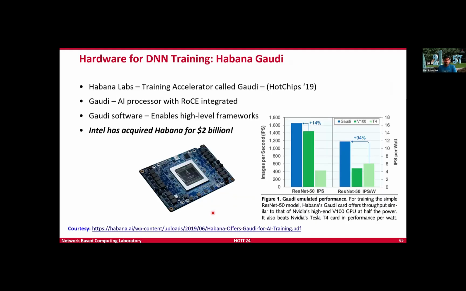This is another hardware. It's called the Gaudi from Habana. So you have a new version of Gaudi right now, V2. A newer version should be coming up sooner. The specialty of Gaudi is that it has RoCE V2, or RDMA over Converged Enhanced Ethernet, chips embedded right on the main motherboard itself, so that you don't have to go away from the motherboard for communication operations.